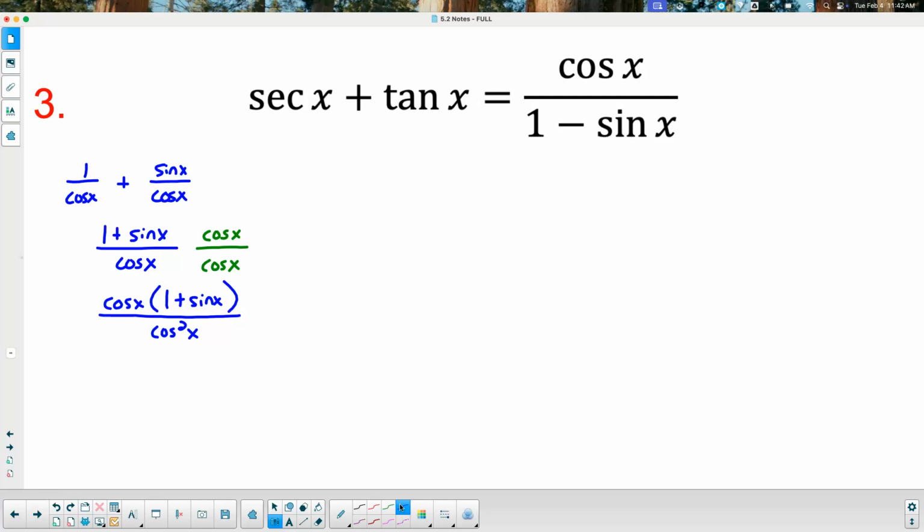Cosine squared is the same as one minus sine squared of x.